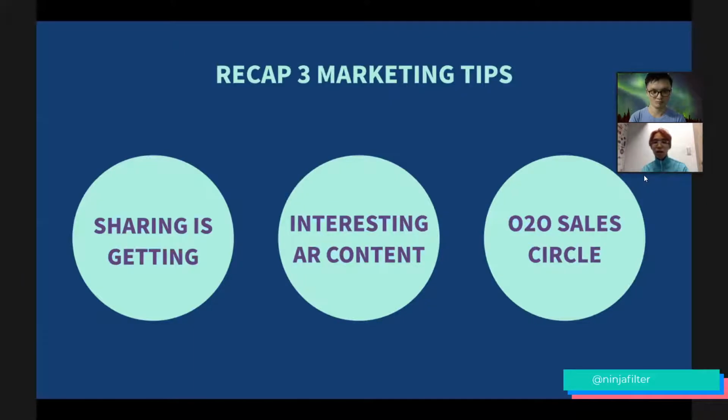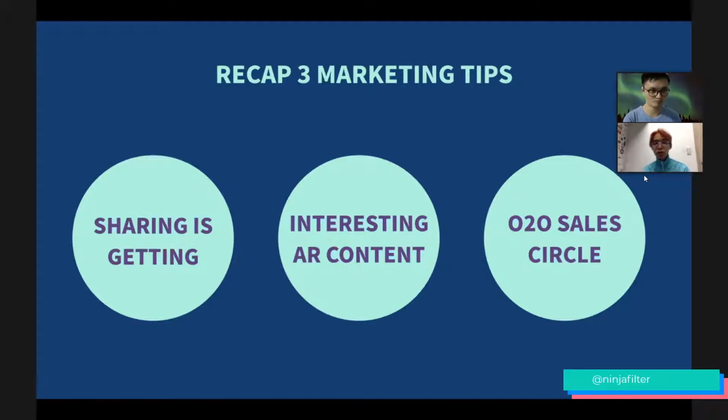And I would like to recap the three marketing tips. First is sharing is gaining, like giving a reward or showing off. Second is interesting AR content, like randomness or a different situation AR effect.